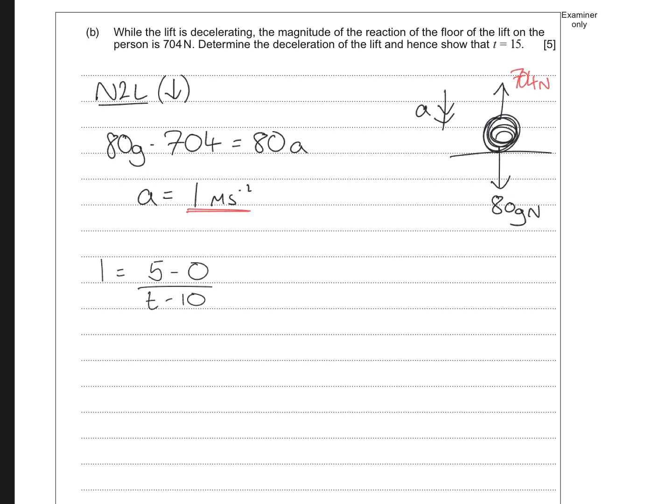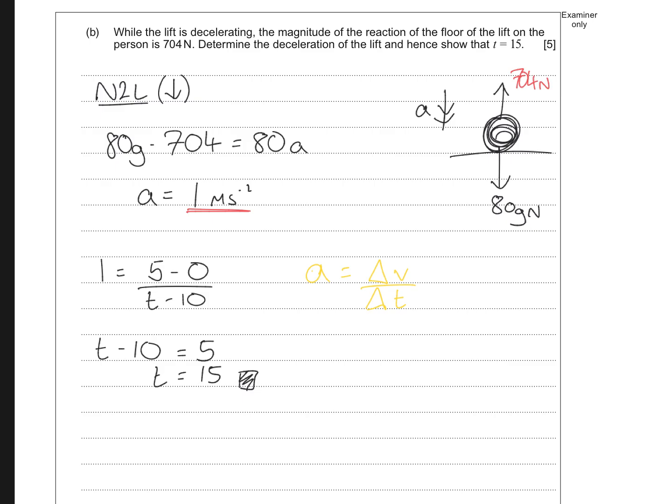If I rearrange, multiply both sides by t minus 10, so I get t minus 10 equals 5, t equals 15 as required. All I've done there is I've said a is change in velocity over change in time, and I've got all of those bits of information from the graph on the previous page.